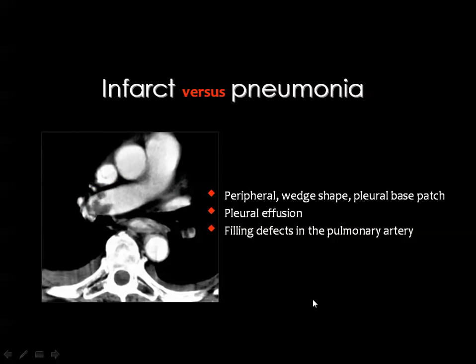When to diagnose this as an infarction? If you have the CT scan and you can see the embolus within the pulmonary artery as a filling defect, and you can also appreciate the pleural effusion, which is an associated finding.